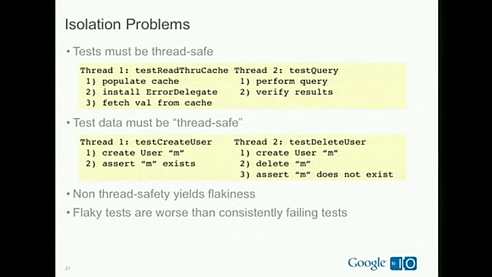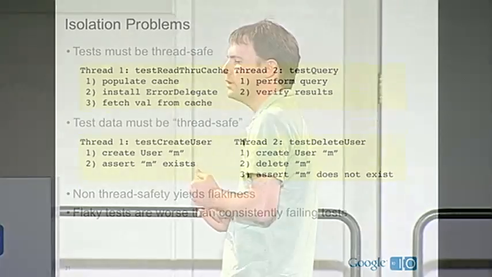So in this first example, let's say we have two tests, one which deals with a read-through cache, which, when you ask it for a value, if the value isn't there, turns around and asks the data store for it. And then you have some other test, which is just a simple query, right? Feed some data into the data store, issue a query, make sure that what you got back is what you expect.